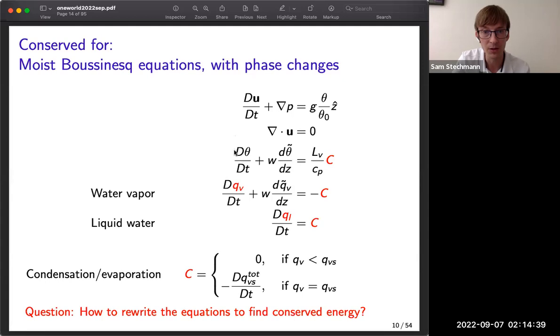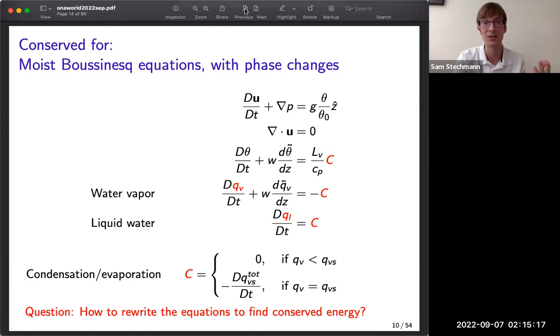And was there another one? Can supersaturation be accommodated? So I'll mention some additional cases in what's coming up later. In the particular form of the energy that I wrote down, it's for this system with 0 supersaturation. I don't think I've written the equations down in the case where supersaturation is allowed. We've explored a little bit the case of Kessler microphysics, which I guess has supersaturation. So I guess what I mean is I don't know if there's a beautiful statement of energy conservation when there is supersaturation.